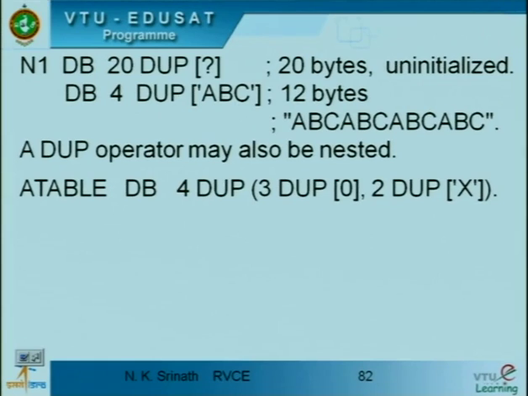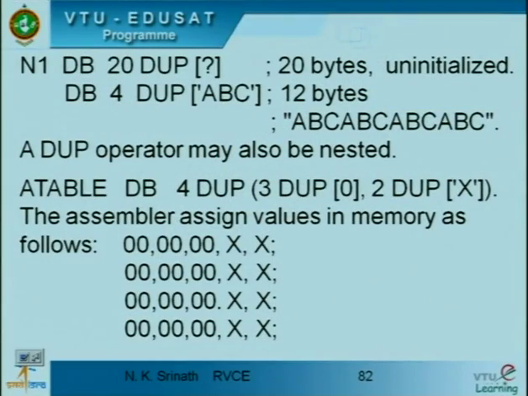So 4 into 3 becomes 12 locations set aside, and duplication is a very convenient assembler directive to reserve bytes or to store some specific constant in the memory location. If you want to store 100 locations with 0, we can say DB 100 DUP (0) in square brackets, that enables you to store 100 continuous locations with 0.